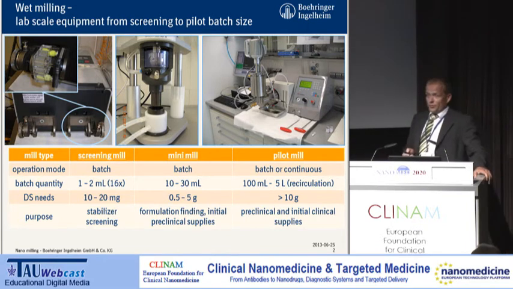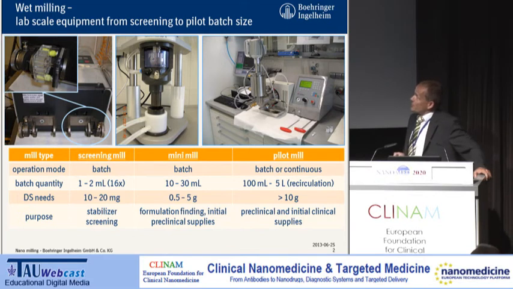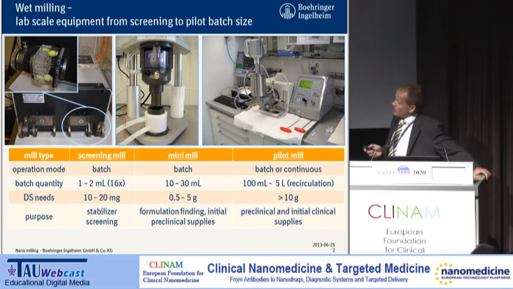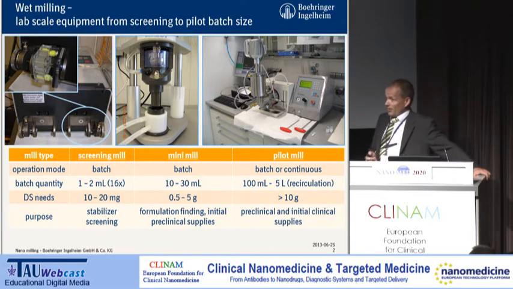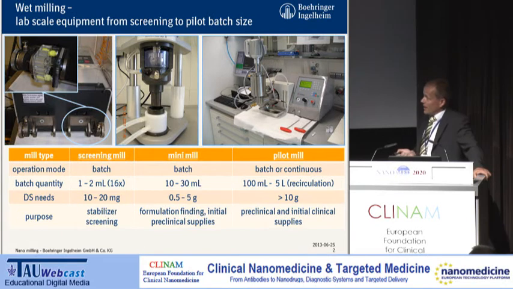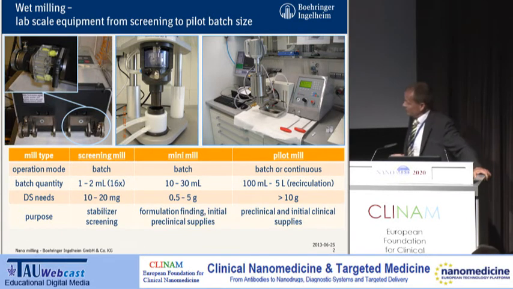That's two or three typical stages or sizes of mills we use. If we start in the very early stages of a new project, we start with a screening mill, which is shown on the very left. That's simply a vibrational mill where the product is filled into small vessels of 1 to 2 milliliters, containing 10 to 20 milligrams of drug each sample.